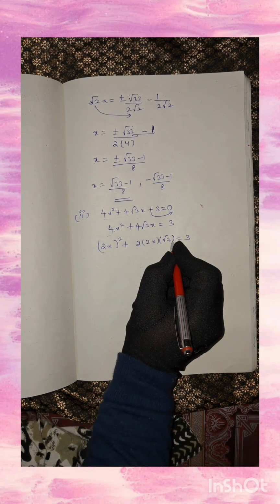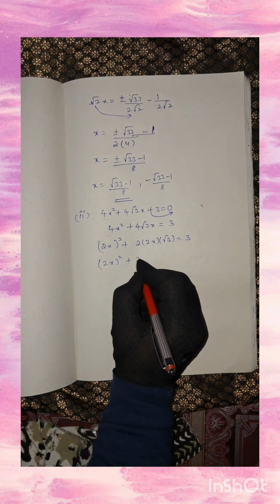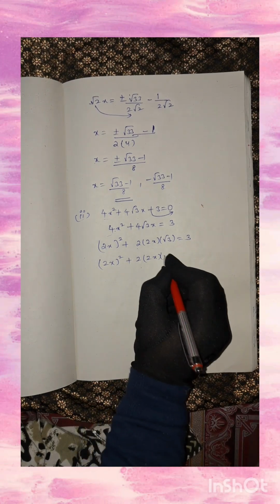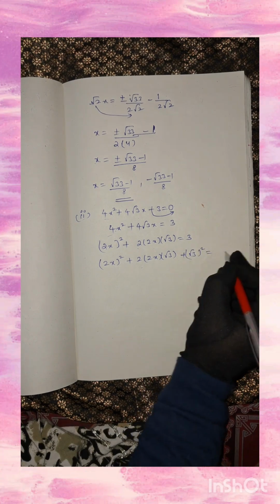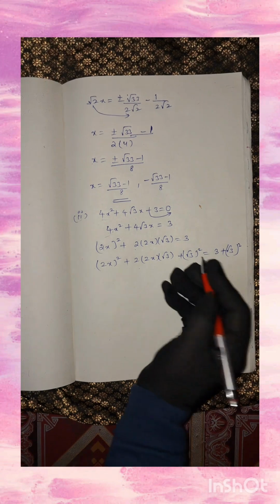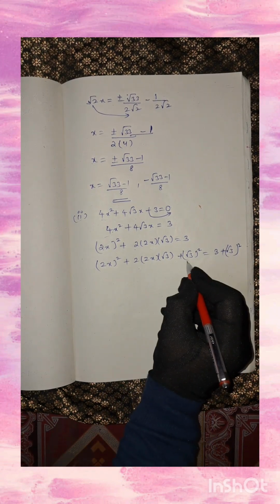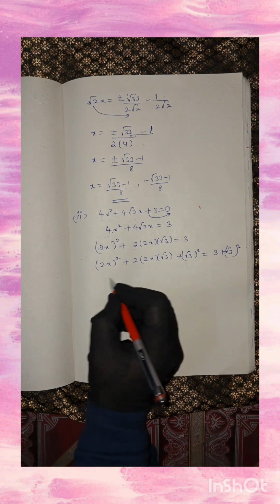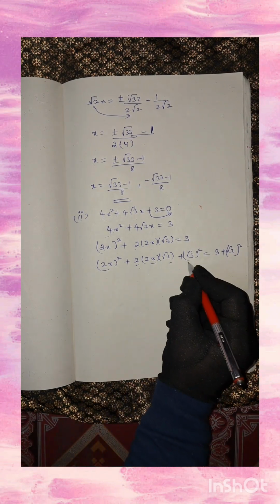2ab, b is root 3 here. So I will add root 3 whole square on both sides. 2x plus root 3 whole square is equal to minus 3 plus root 3 whole square. So this is minus 3 plus 3, root 3 I added on both sides. Now this is in the form of a square plus 2ab plus b square.